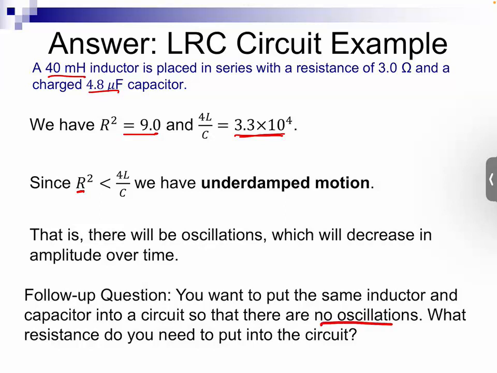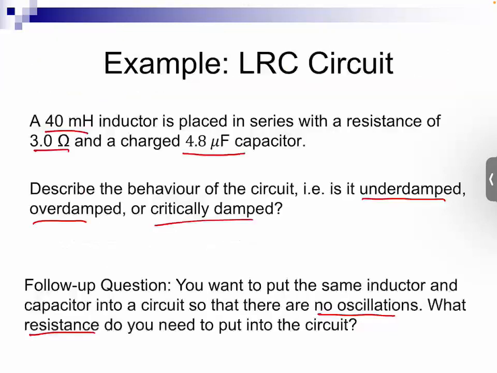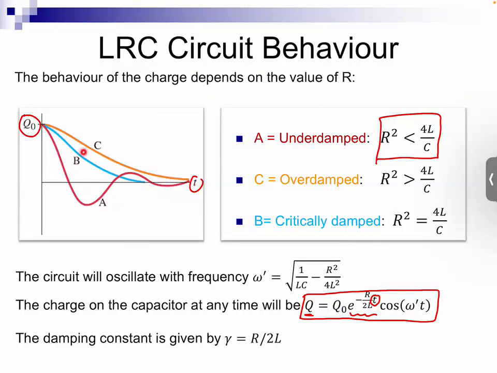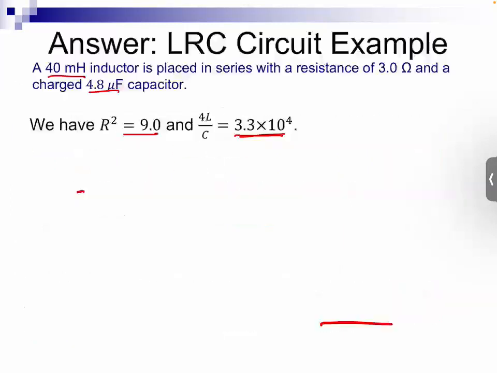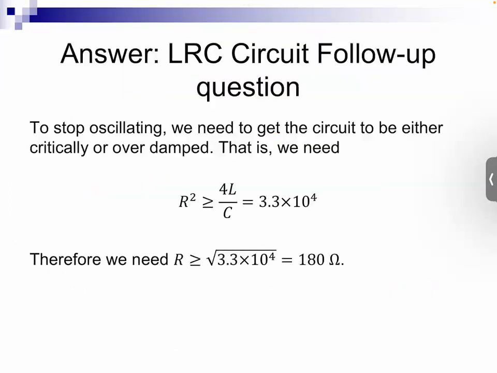Now, how do you modify the resistance so that there is no oscillation? No oscillation means either critically damped or overdamped. So for the blue and orange curves, there are no observed oscillations. That means that for no oscillations, R squared should be greater than or equal to 4L over C. So from that condition that you need to satisfy, you can calculate the resistance.